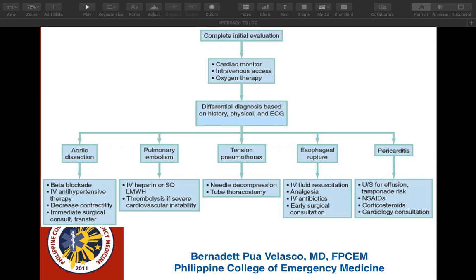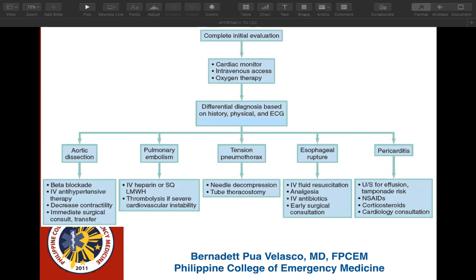You can think of these 5 conditions. First is aortic dissection. Next is pulmonary embolism. Next is tension pneumothorax. Fourth is esophageal rupture. Lastly is pericarditis. So we've already explained how you will rule in and out these different differential diagnoses.